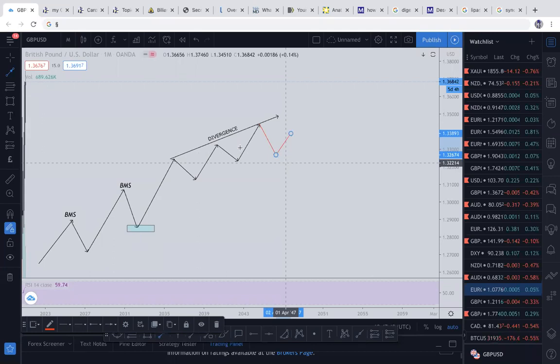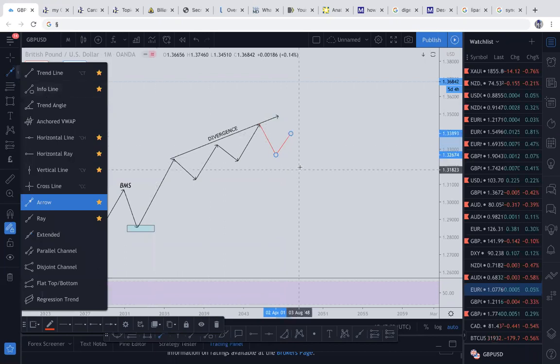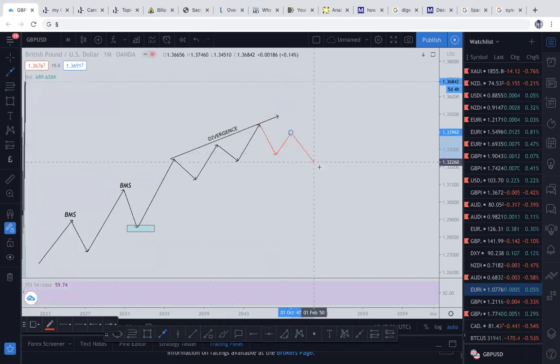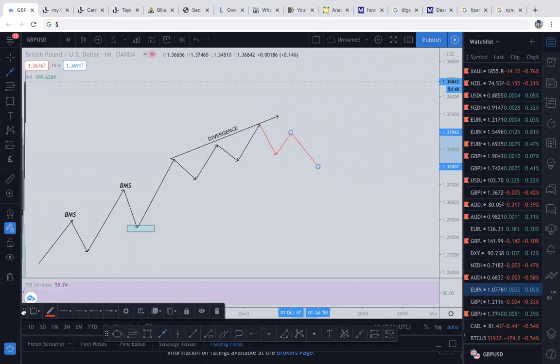And what do I mean by that? We usually see price create this. And in that case, what happens around this area is a break of market structure.